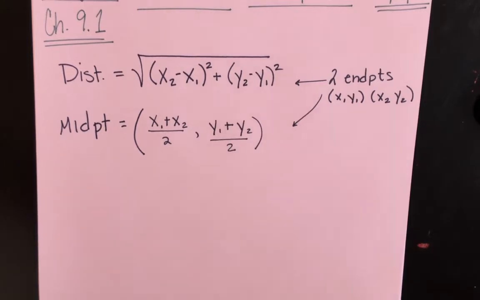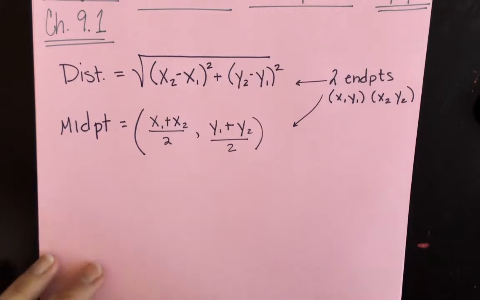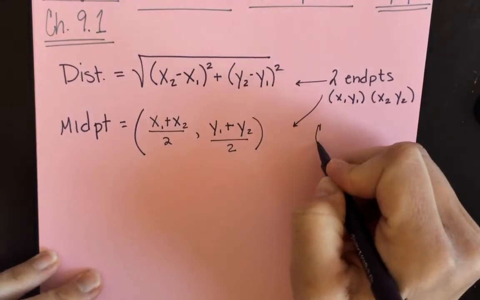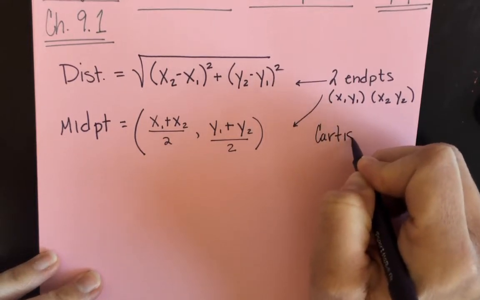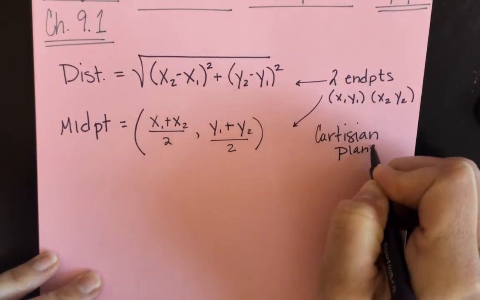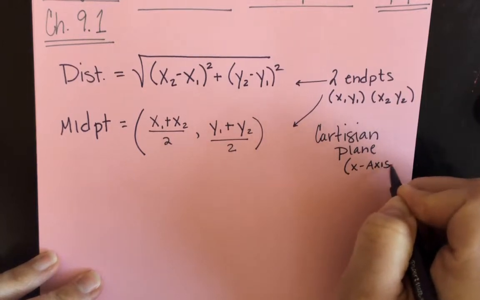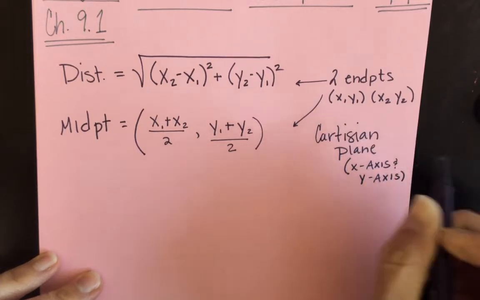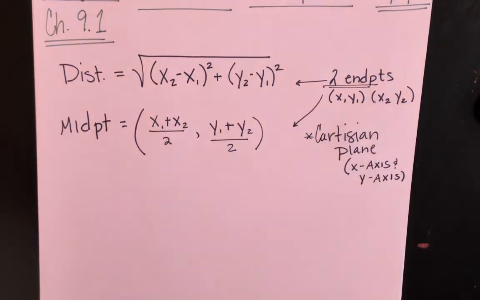Now we are going to look briefly at the end of today. You'll notice the formula is not going to be any different. On our Cartesian plane, and that's just the fancy way of saying x-axis and y-axis, that's where we end up with our two endpoints.